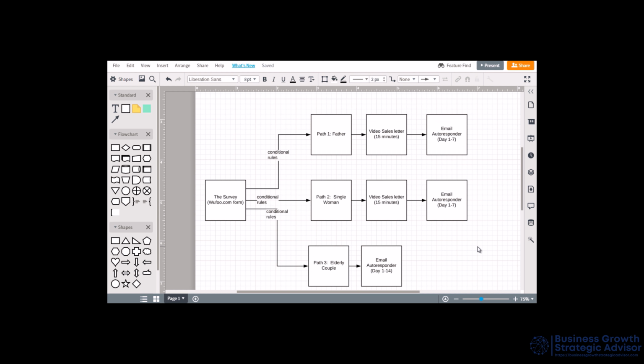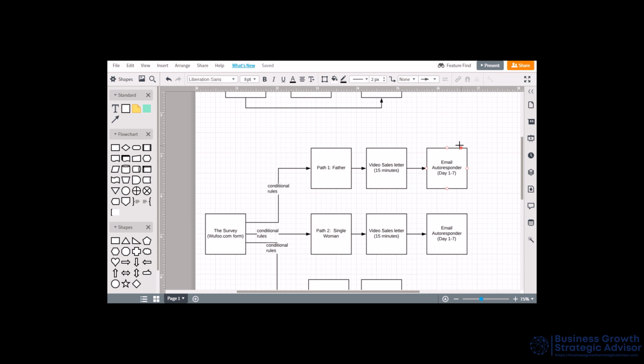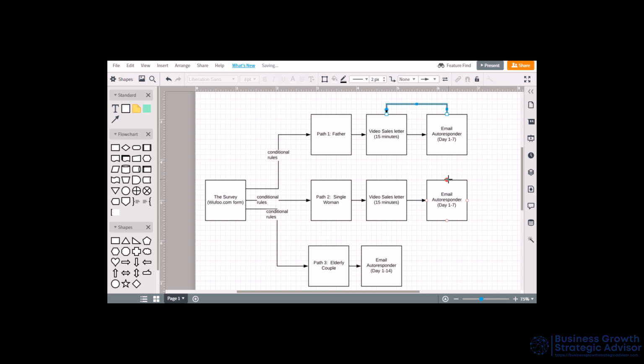So that's essentially it. And what we can do here is the email autoresponder series. Obviously, the emails might go back to the video sales letter, like so. So let's break this down real quick.